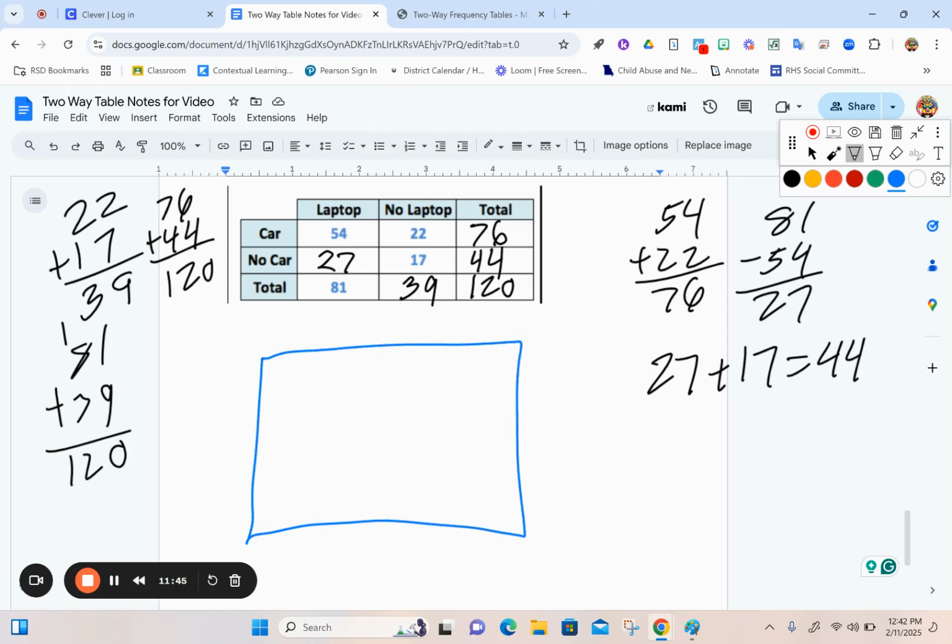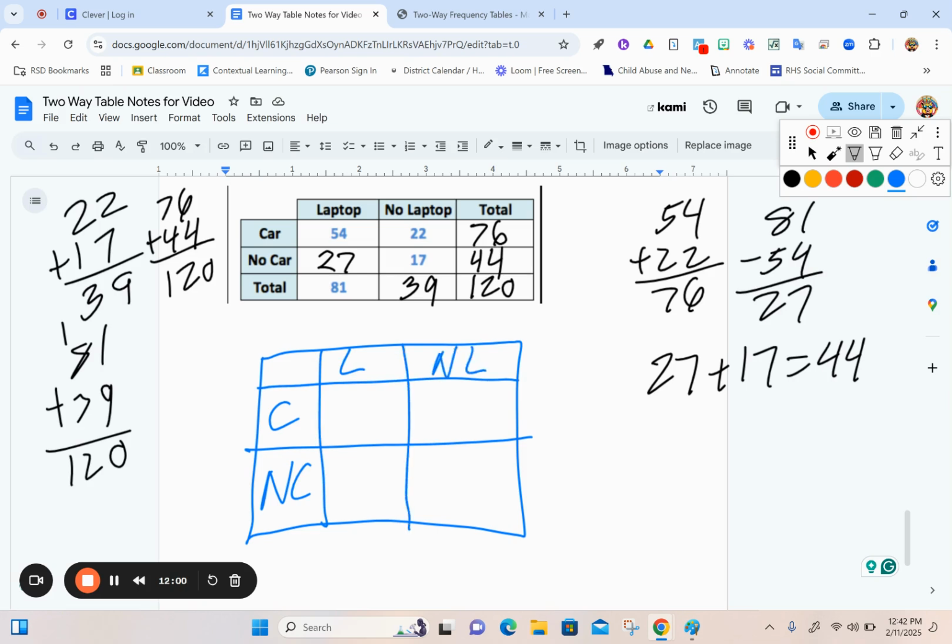So if I want to do the relative frequency table, maybe I had car and laptop. So here's my car. Here's my no car. Here's my laptop. Here's my no laptop.